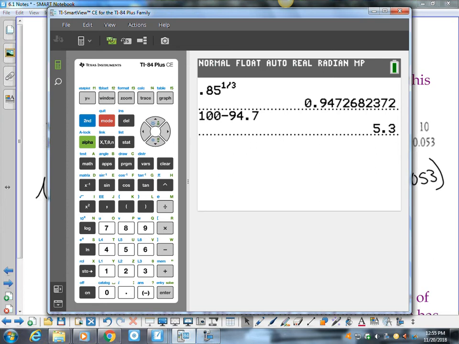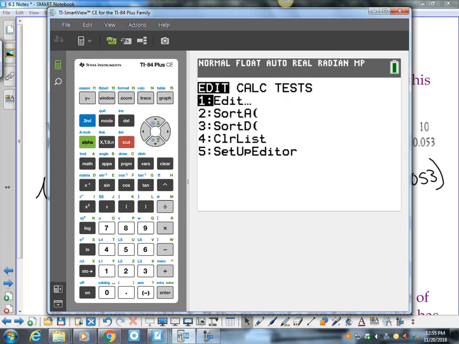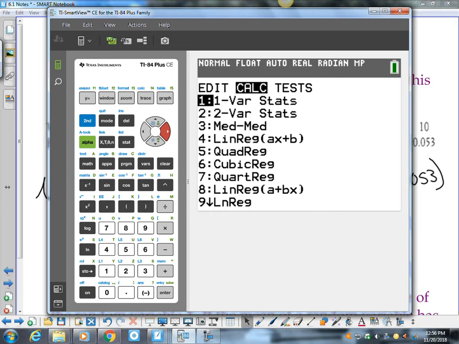Okay, everybody good? Now I'm going to see if I remember how to do this. Stat calc.